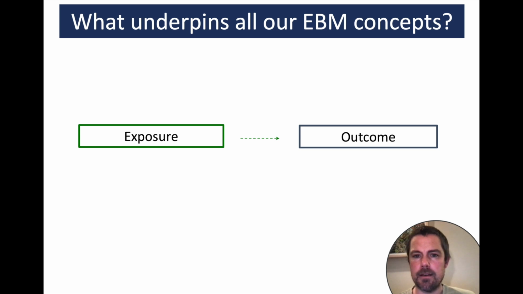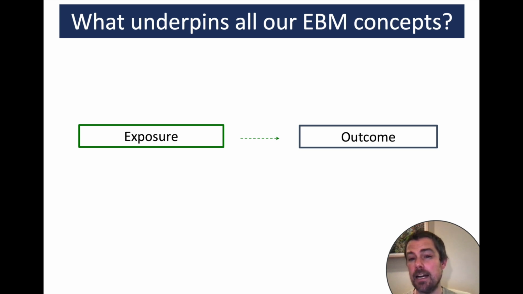This schema underpins all evidence-based medicine learning in terms of the science of medicine, the science of general practice. We want to understand diagnosis, prognosis, therapies. We're always thinking, how is this exposure related to this outcome?